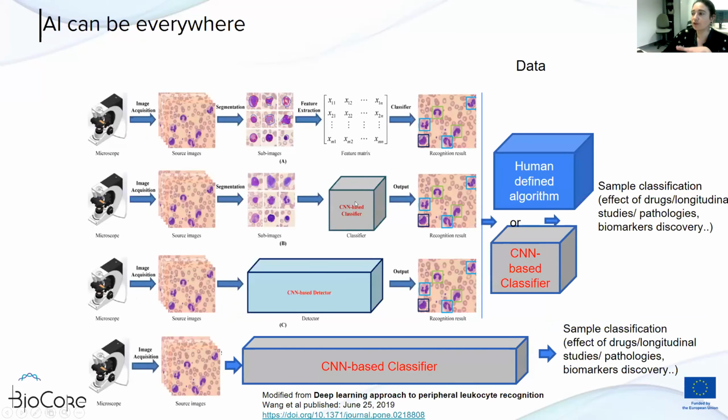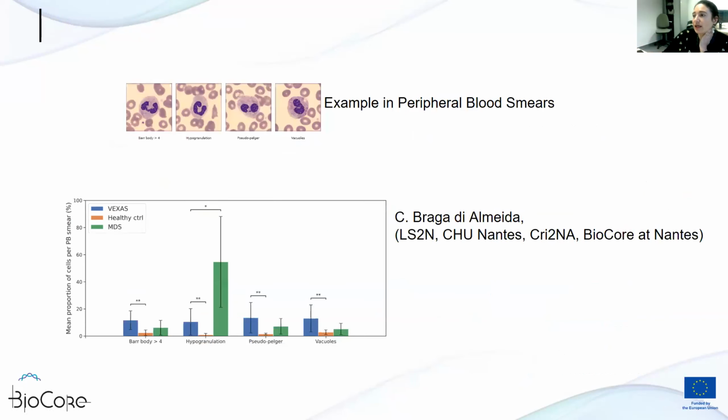So before going to this very heavy slide, the message here is that when you use deep learning, it's up to you to choose where you want to use it. And there are plenty of solutions for where you want to use it. And here I'm going to take a simple example, once again from biology, where the purpose is to help clinicians, I would say, with the diagnosis of a certain disease.